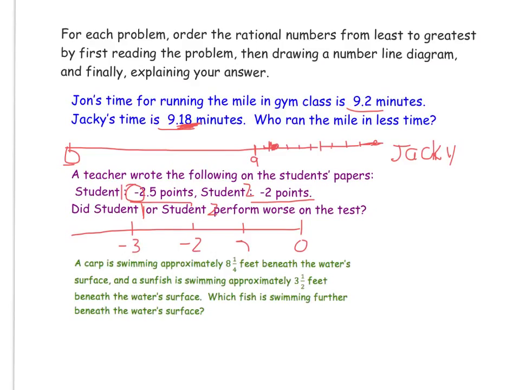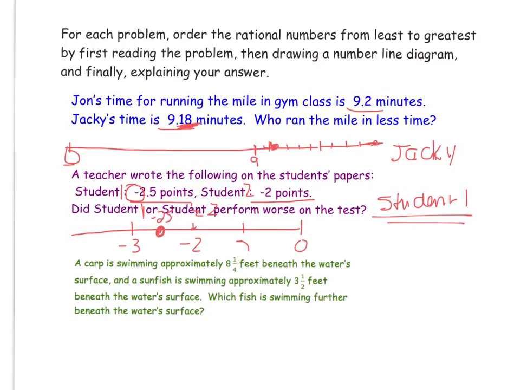Student 1 is right here. Student 2 is right here. So student 1 performed worse, because 2.5 is further to the left of 0.